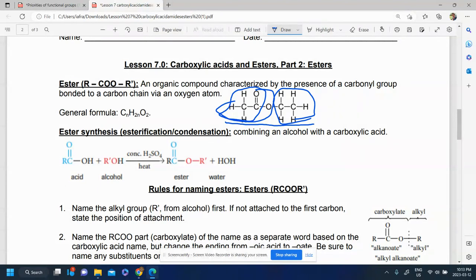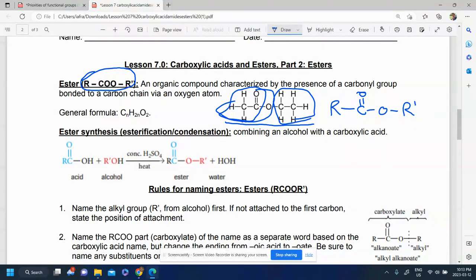And so those two parts come from two different classes of organic molecules. An ester has the general formula RCOOR. So it's basically you have a carbon chain connected by essentially a carboxyl group, the C double bond O, to another carbon chain, whether it's of the same length or a different length.